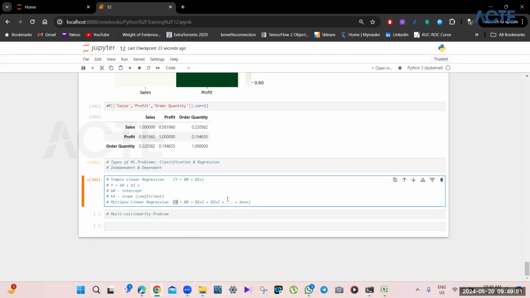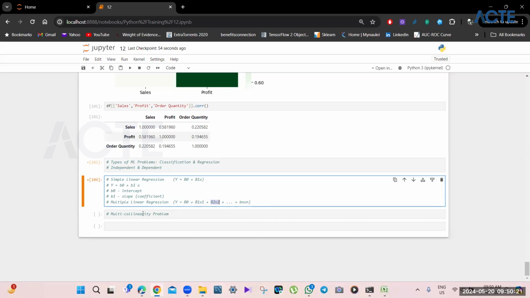But if x1 is connected with x2, that means x1 is 90% correlated with x2, then that is a problem. In that case, if you derive a model, you are predicting the value of y, you don't know which variable is affecting which. These individually are affecting y, but this variable is also getting influenced by this variable. So that is not the right way of doing it.